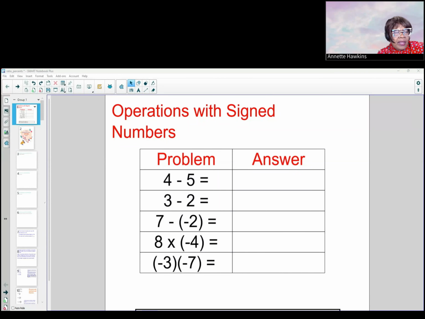So before we get started, let's just do a little review. We have some signed numbers here. So if you could just work these out, and we'll give ourselves a minute to check the answers to this. Okay. So let's take 1 minute.